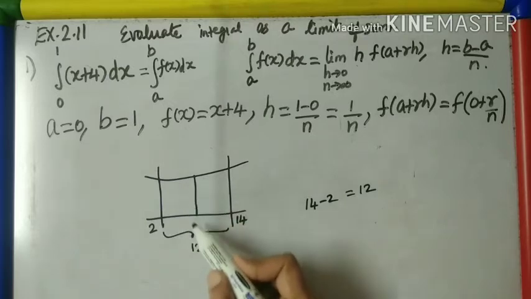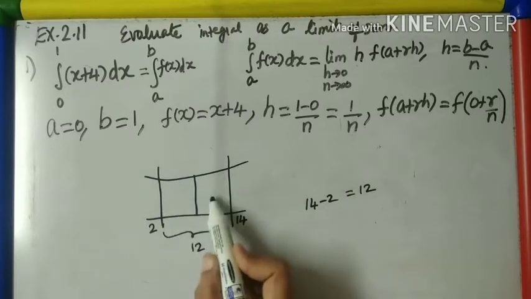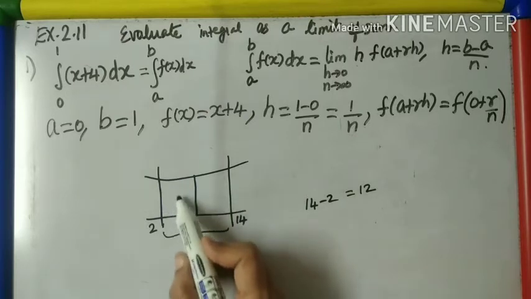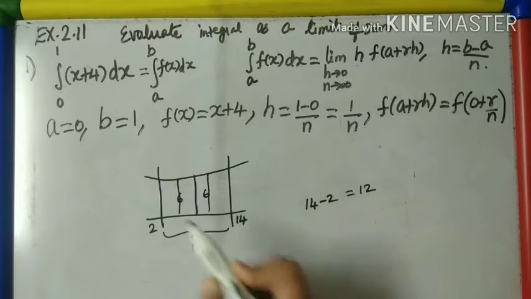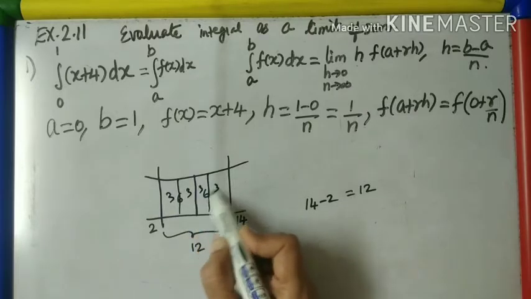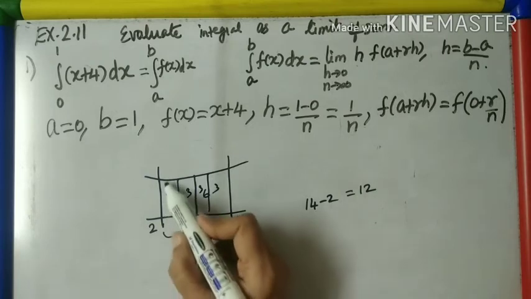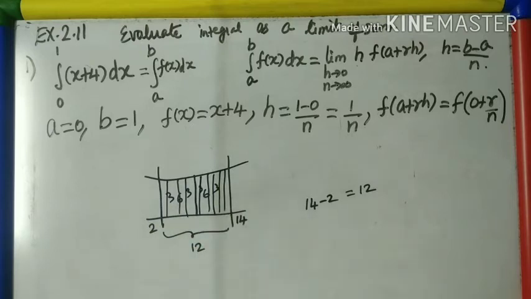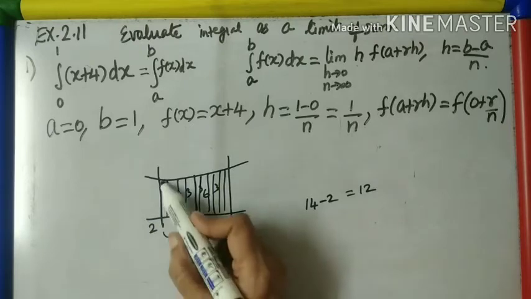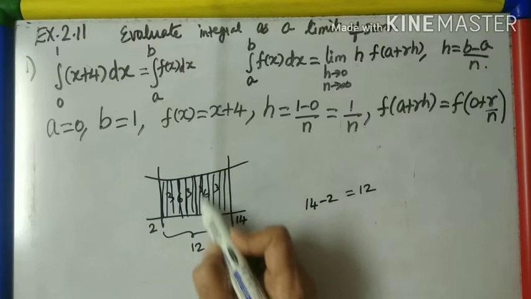When I divide by 2, I get 2 parts, so each part will be 6. When I divide by 4, each part will be 3. When I divide by 12, each part will be 1. If I divide by 24, each part will be half.